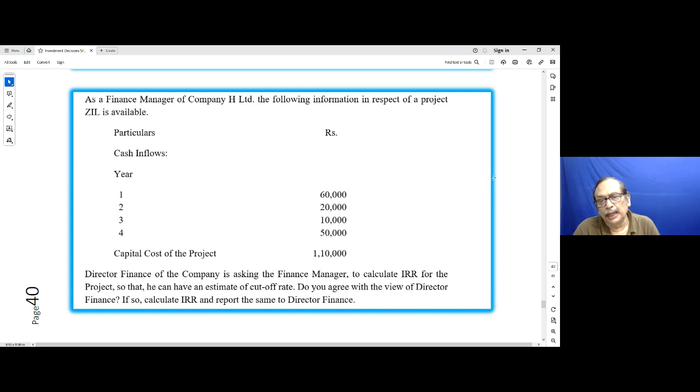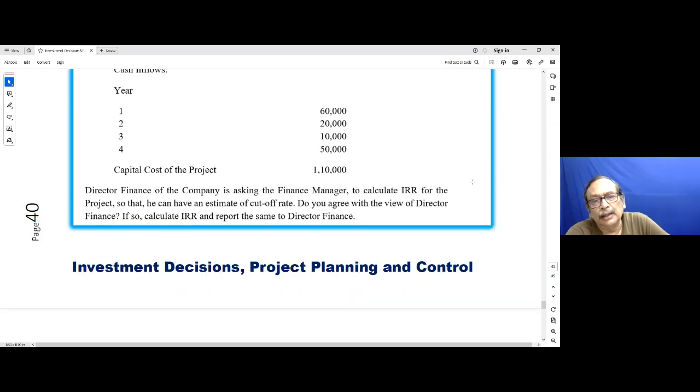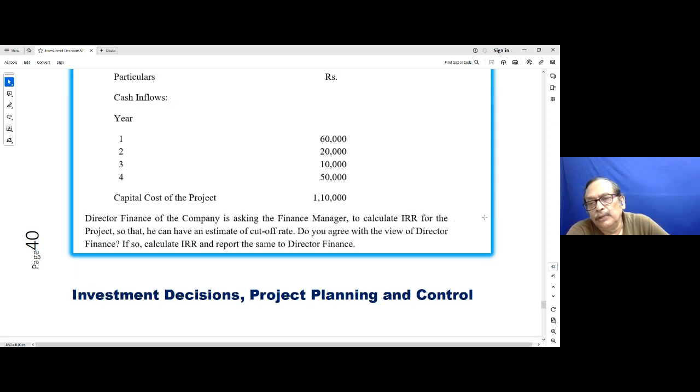Capital cost of the project is 1,10,000. The Director Finance of the company is asking the finance manager to calculate IRR for the project so that he can have an estimate of the cut-off rate, that is the discounting rate or the minimum desired return. Do you agree with the view of Director Finance? If so, calculate IRR and report the same to Director Finance.